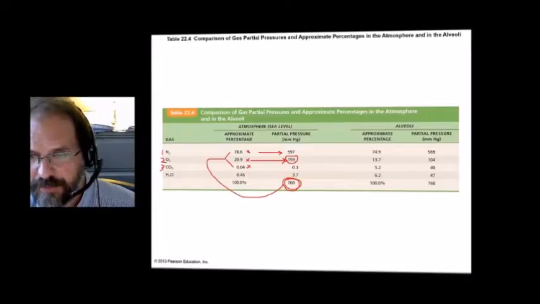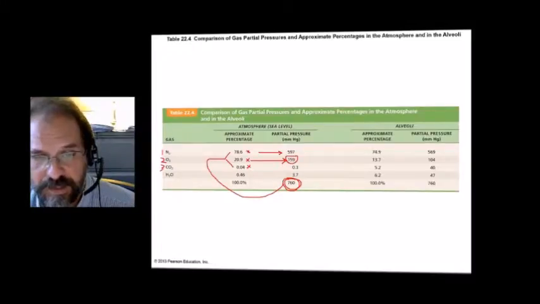When I breathe in, these percentages of the gases in alveolar air are quite different than they are out here. Right? Nitrogen's not changed that much. It's mostly just diluted because of what we have with carbon dioxide. All right. Again, oxygen, that drops quite a bit. Right.